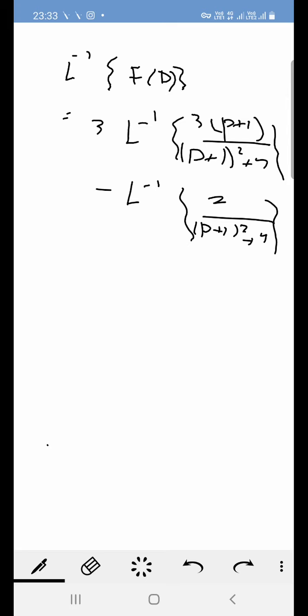So we use the shifting theorem here. According to the shifting theorem, we write it once again: the Laplace transform of e to the power ax f(x) is equal to F(p minus a). This is the shifting theorem.